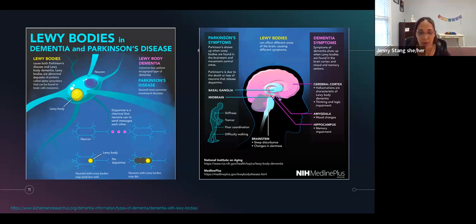But if memory problems and dementia symptoms appear before or at the same time as movement problems and symptoms, then the diagnosis of Lewy body dementia is likely to be given. But if Parkinson's movement problems are experienced for a year or more before memory and thinking symptoms appear, the diagnosis of Parkinson's disease dementia is likely to be given.